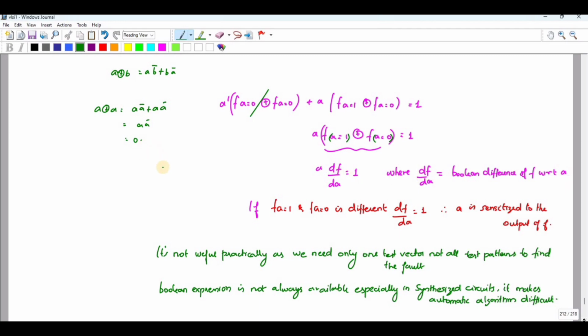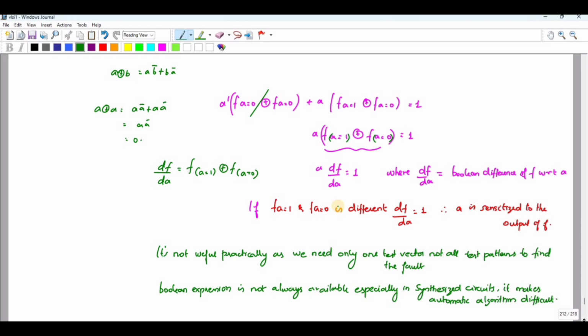So what is now df by da, the differentiation of f with respect to a? It is nothing but f of a equal to 1 XOR f of a equal to 0. We know that a equal to 1 and a equal to 0 give different outputs, therefore a is sensitized to the output of f.